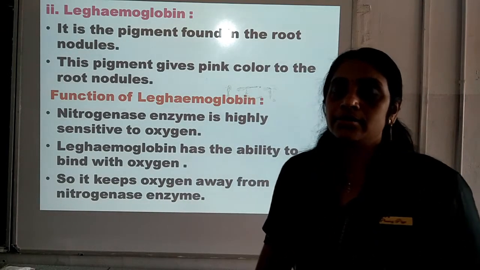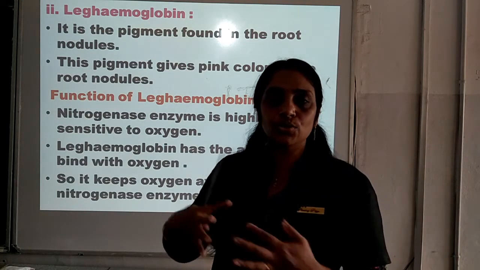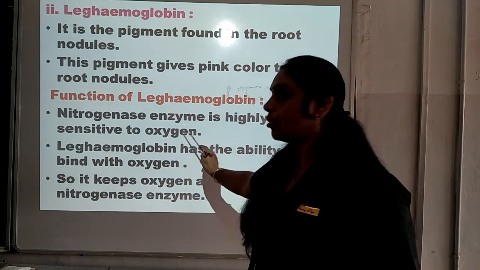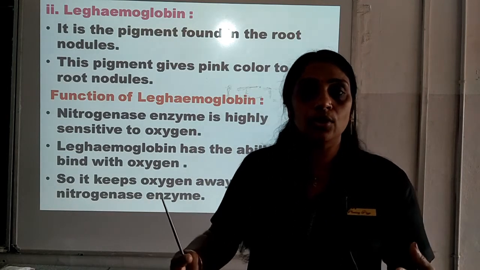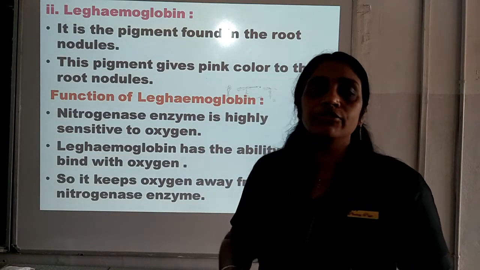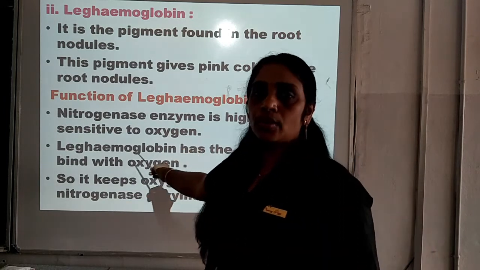So as the nitrogenase enzyme is needed there for conversion of atmospheric nitrogen to ammonia, and it is very sensitive to oxygen, if oxygen comes there in higher concentration, surely this enzyme will bind with oxygen and the fixation will not take place. Therefore, what will leg hemoglobin do?